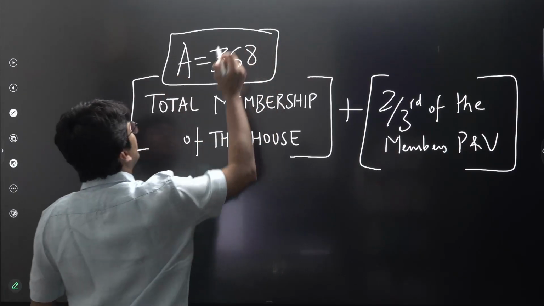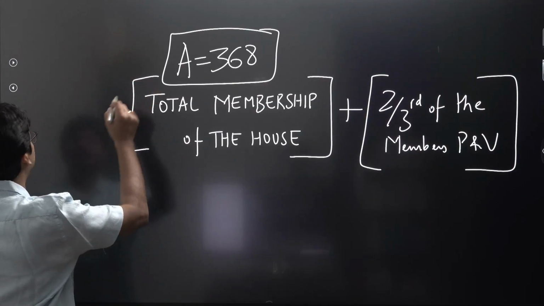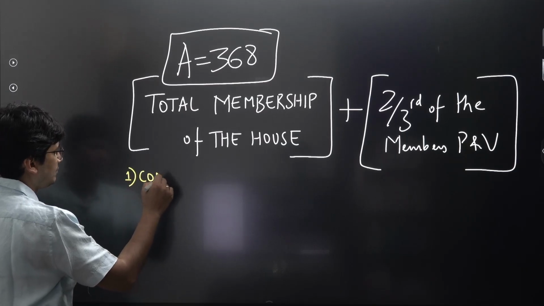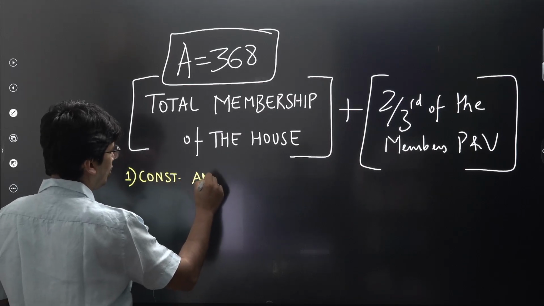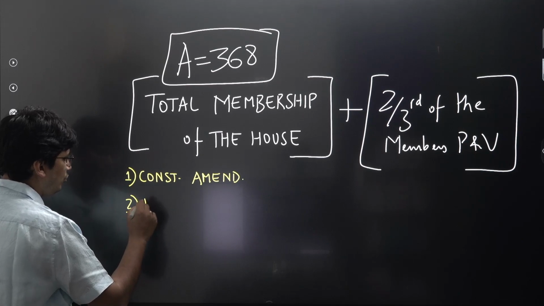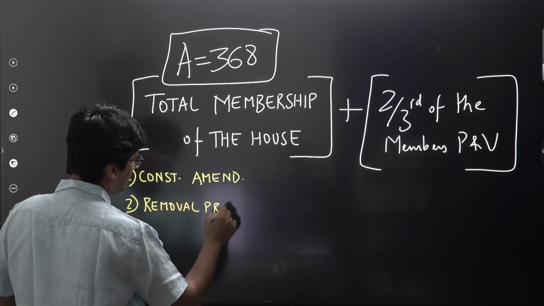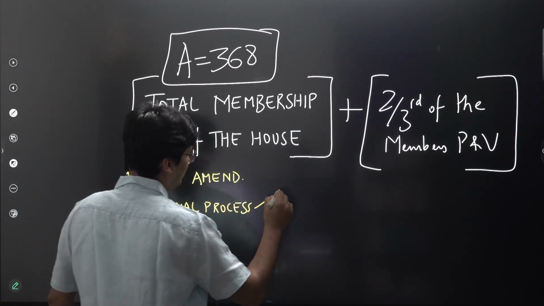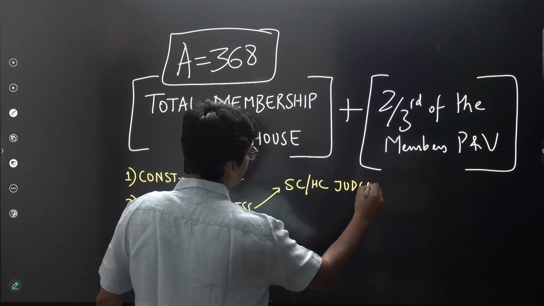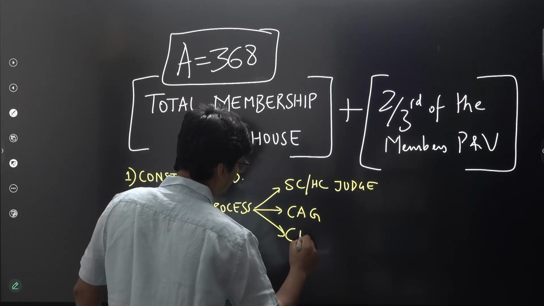Obviously, it is the type of majority required to pass a normal constitutional amendment, and this type of majority is required not only for constitutional amendment but also for the removal process of Supreme Court, High Court judge, CAG, Comptroller and Auditor General and CEC.